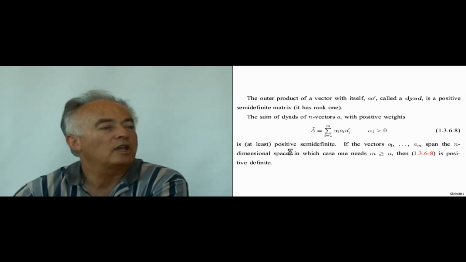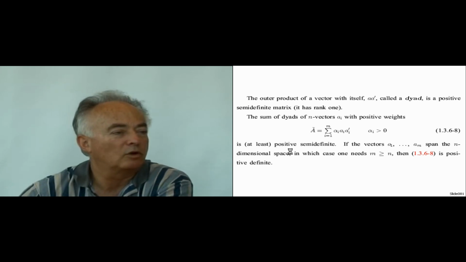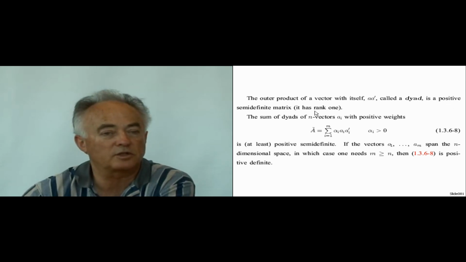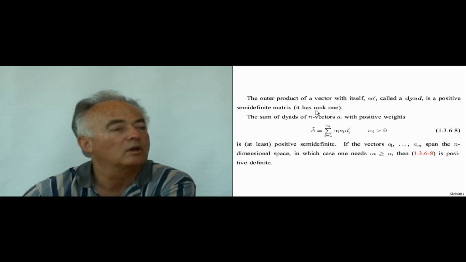We can take the outer product of a vector with itself, a a transpose, which is called a dyad. This is a positive semi-definite matrix. It turns out it has rank 1, has a single eigenvalue, which will be the squared norm of the vector a. Its only eigenvector is a.